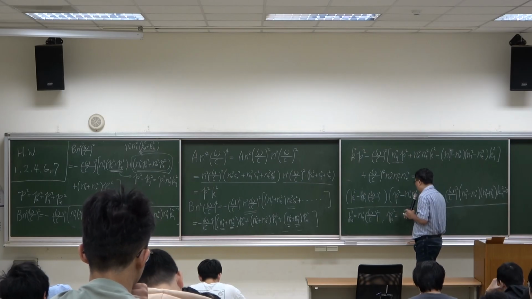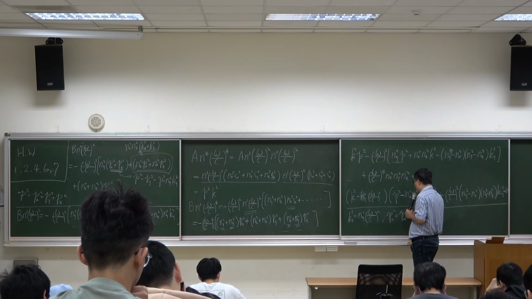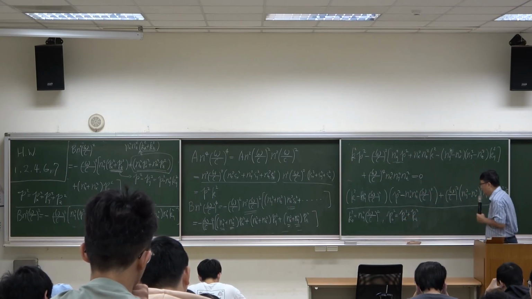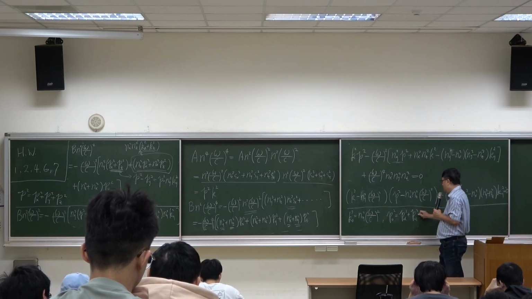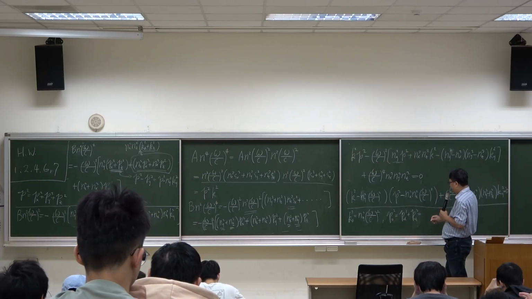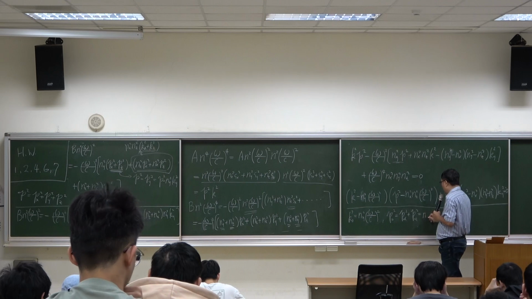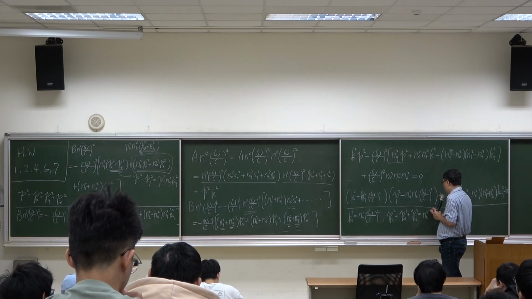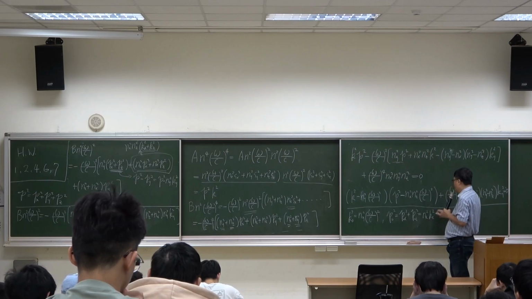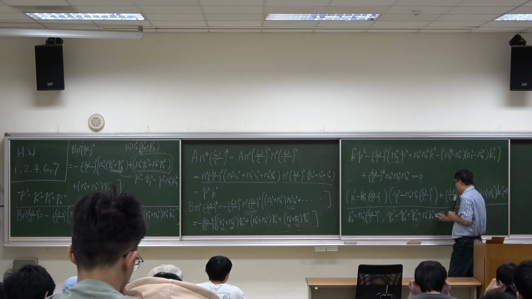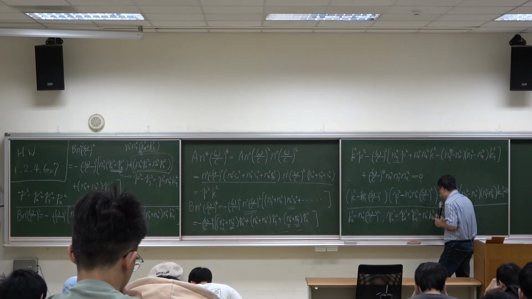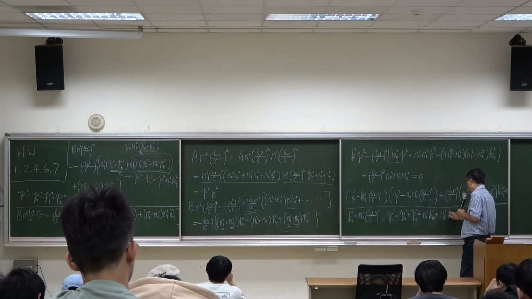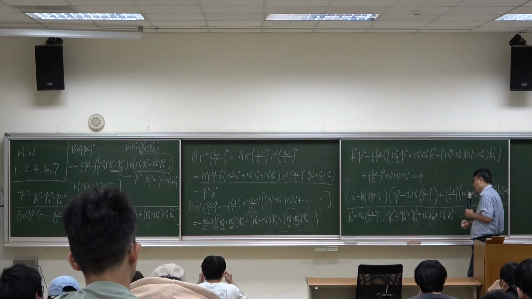P0 squared is P0x squared plus P0z squared, which is equal to nx squared kx squared plus nz squared k0z squared.